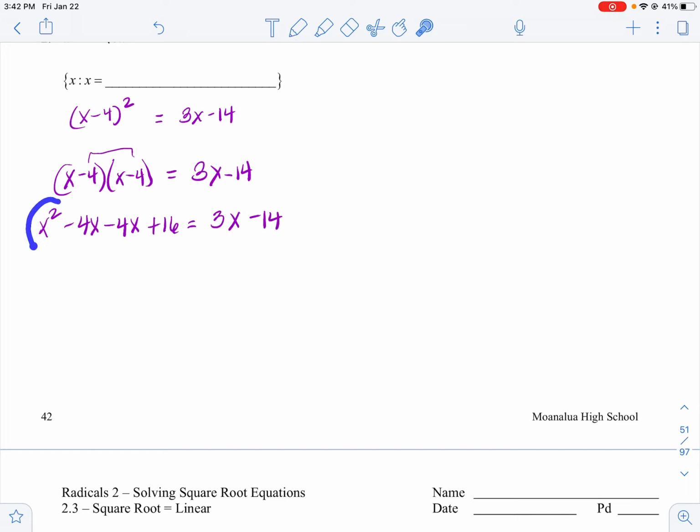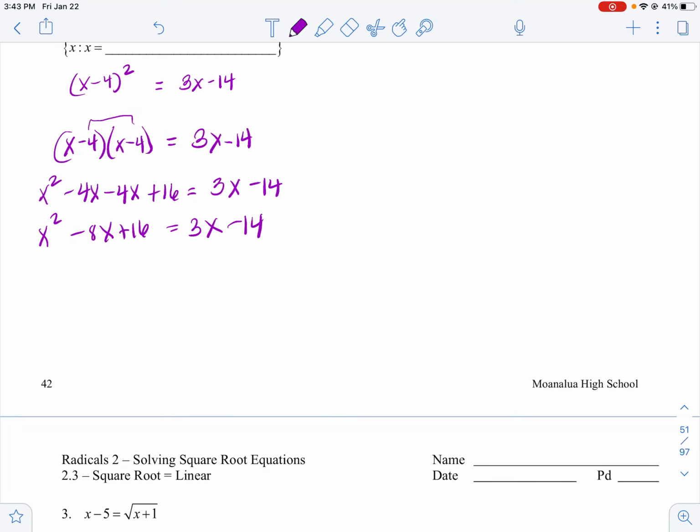And because we are dealing with a quadratic in here, we are expecting that we have to do some kind of maybe factoring or completing the square or quadratic formula, we don't know yet. So let's try to combine like terms so we can create our quadratic. So we have x squared minus 8x plus 16 equals 3x minus 14.